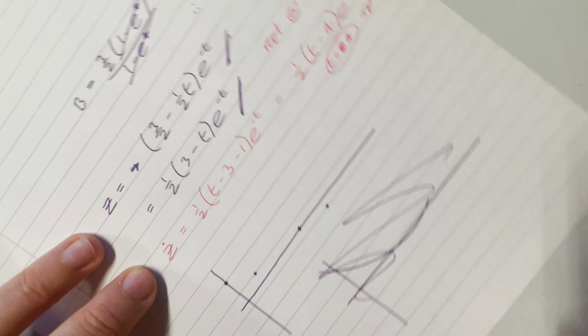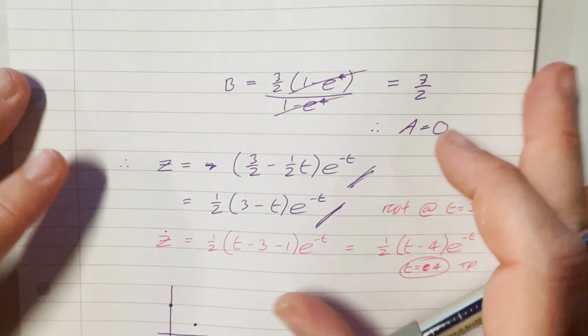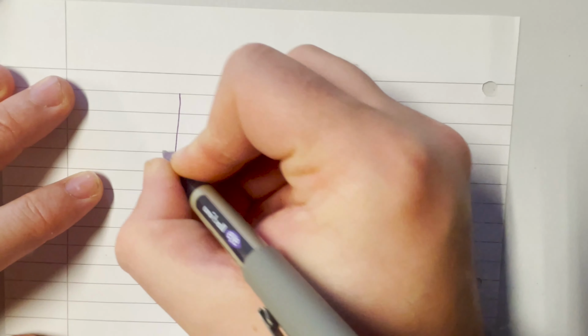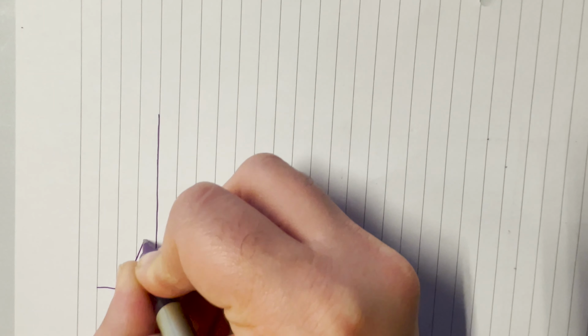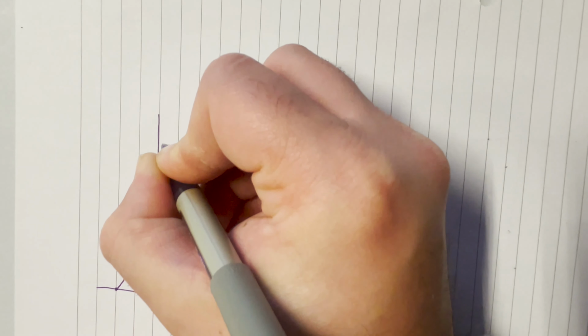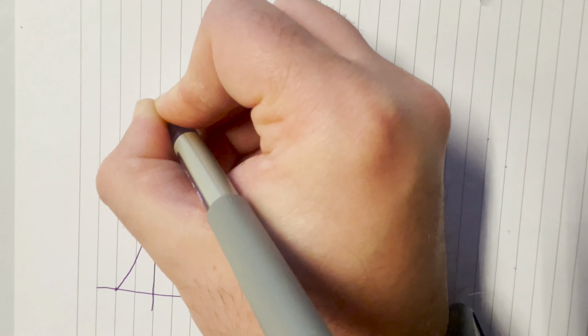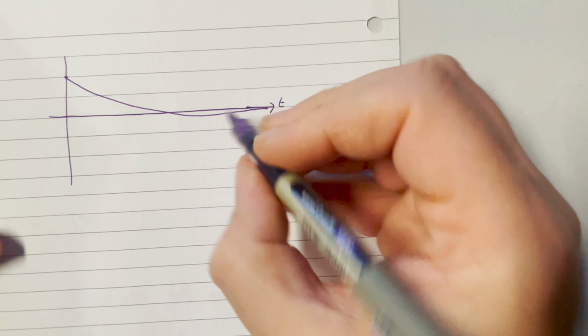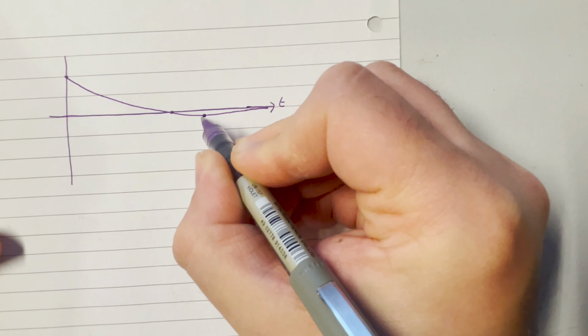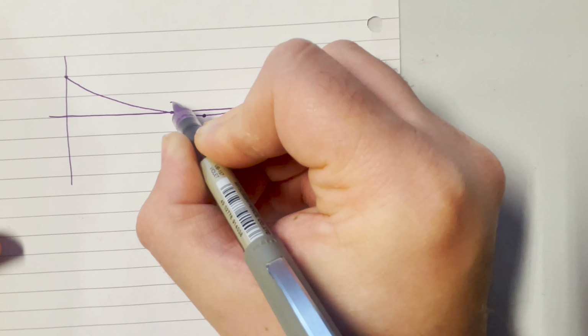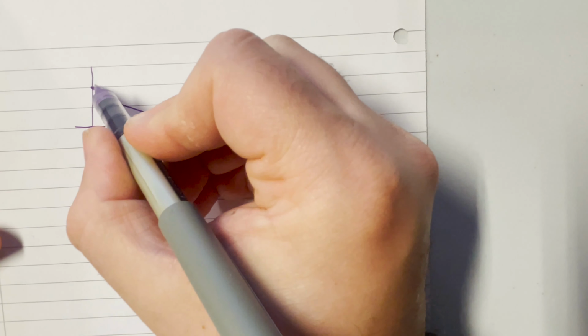Oh, that was a bad sketch. Let's try that again. It's coming down here. And then it's going to approach the t-axis. Okay, so we've got a horizontal asymptote there. At this point here is when t is 4. That's the turning point. That point there is when t is 3. That point there was 3/2 on my axis up there.